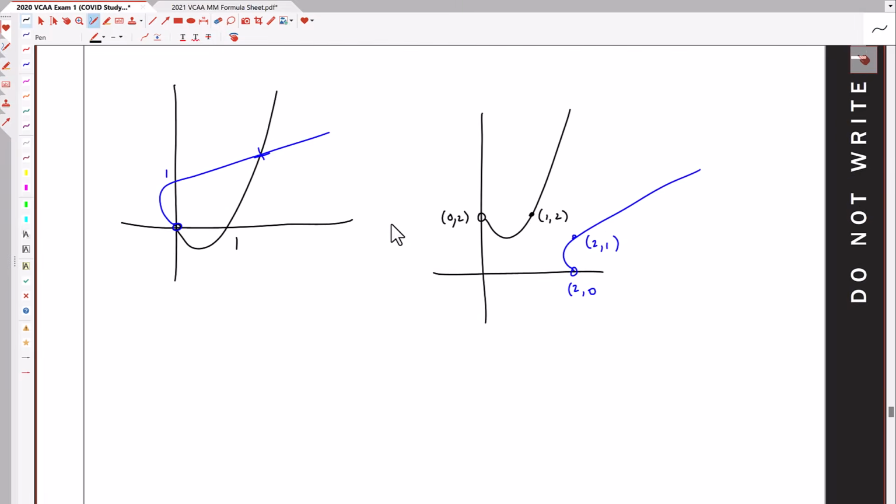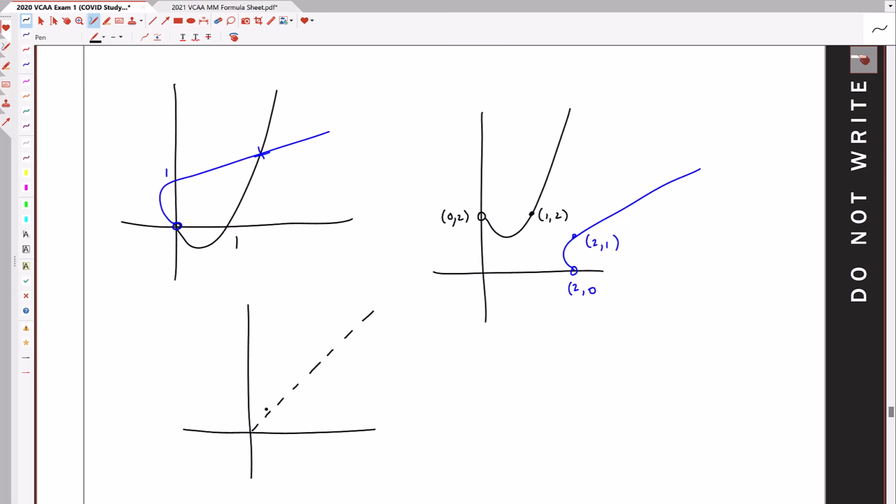Because it's the inverse and the original, we know they're going to intersect on the line y equals x. So what we need to think about is translating f up enough so that y equals x is tangent to it, because then the inverse will also be tangent to it, and therefore they'll meet once.